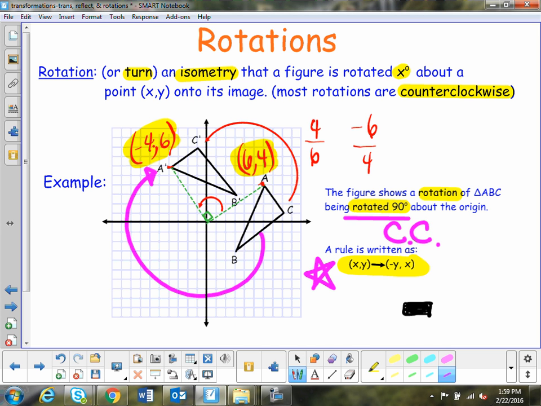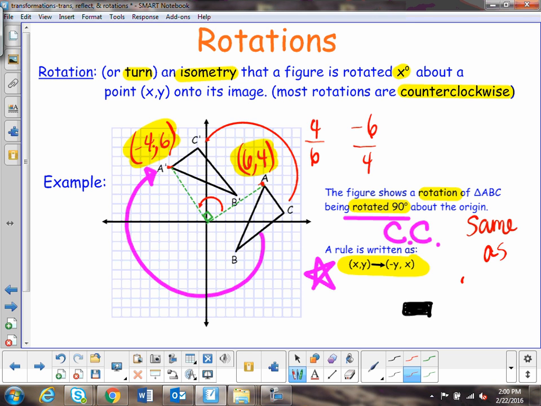So do you want to write that down? Don't just stare at me, write it down. This is the same as 270 degrees clockwise. I'll write it for you too.